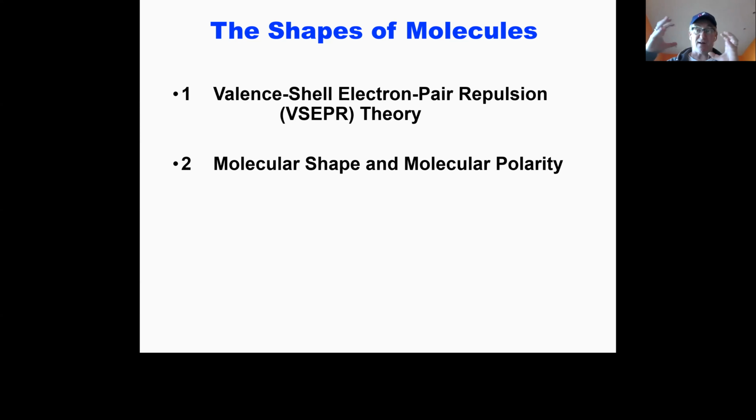The bonds themselves are made of negatively charged electrons, and some atoms have lone pairs of electrons that take up space, and they're going to repel electrons as well.